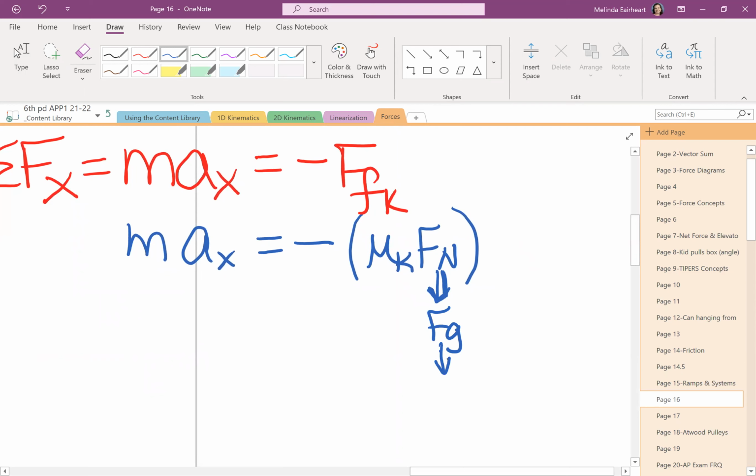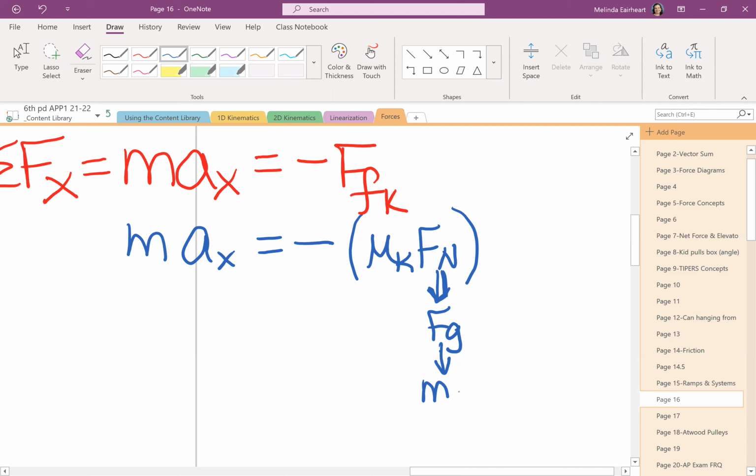But wait, there's more. What can I plug in for Fg? What is a gravitational force? Say again. Not just 10. I'm assuming that 10, you're saying gravity, right? 9.8, yeah. But there's more to weight than just the acceleration due to gravity. mg, okay? It's the gravitational effect on our mass.